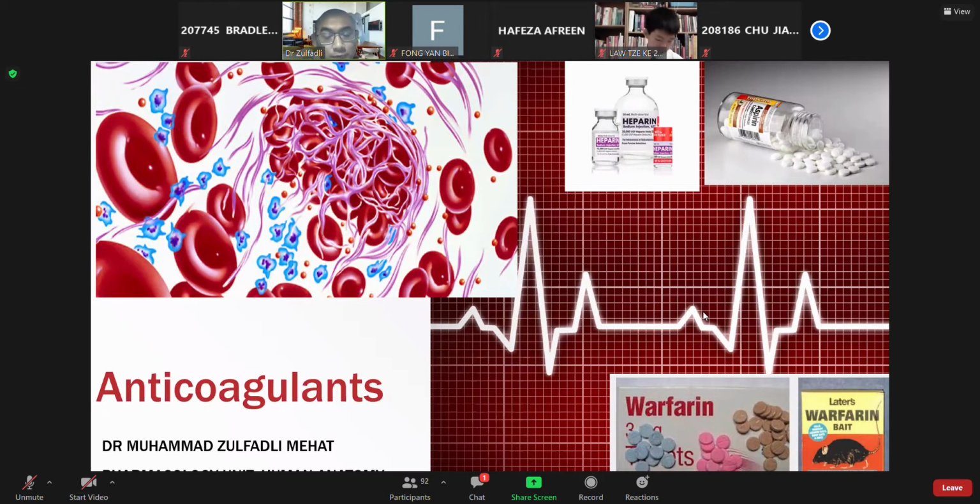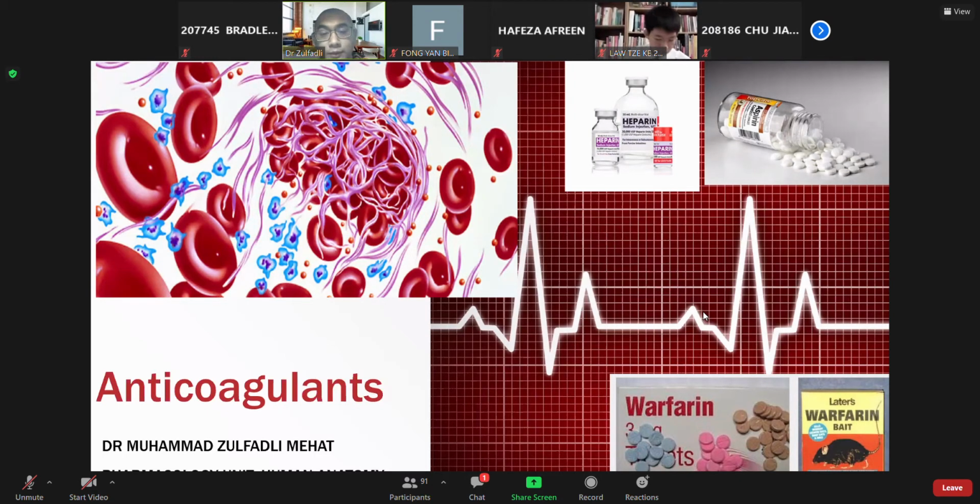So these 3 mechanisms are the common mechanism of hemostasis, regulated by our body when there is an open wound or any injury to the blood vessel.